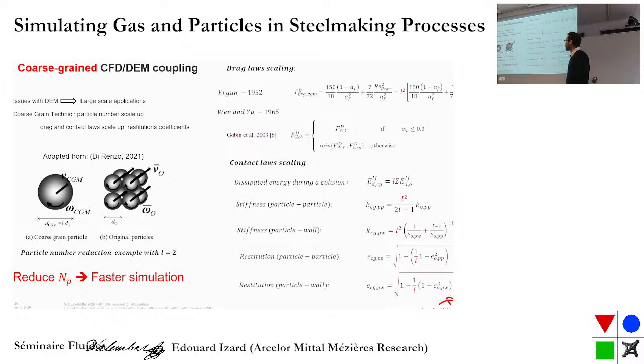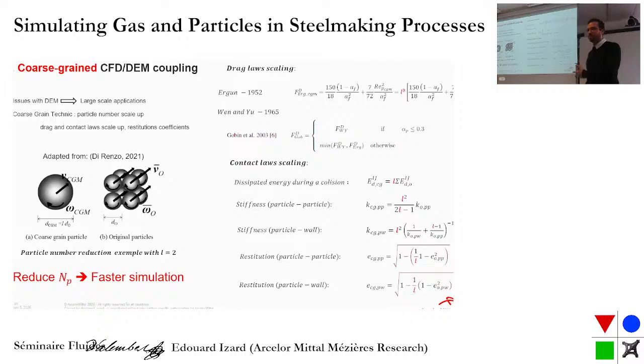What was proposed by other authors was to increase the size of the particle and to scale the forces. To do that, in fact, we reduce the number of particles, so we have faster simulations. But with this scale L, which is L times the smaller particles, I have to change the drag laws by a factor L to the power 3, and the contacts are also modified.